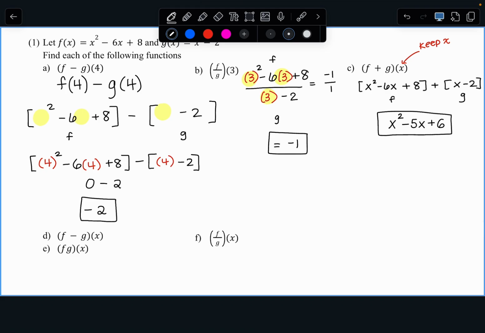So the add, subtract, multiply, divide stuff isn't super complicated. You're just doing that with those functions. We've done a little bit of that already.